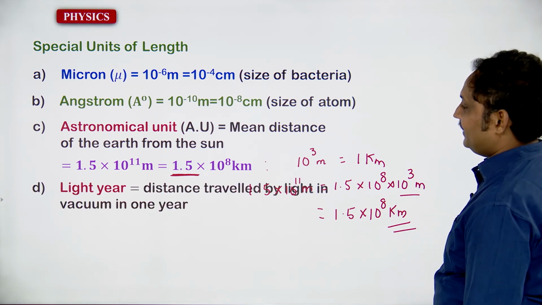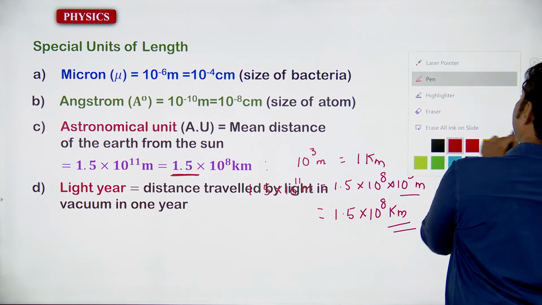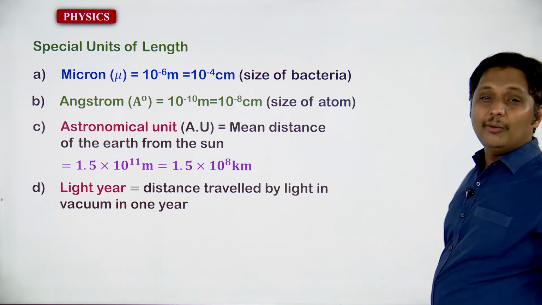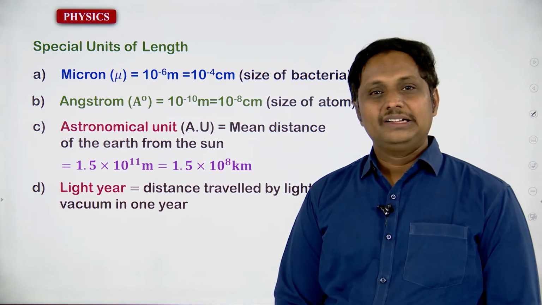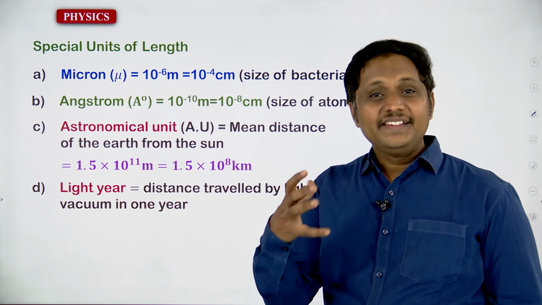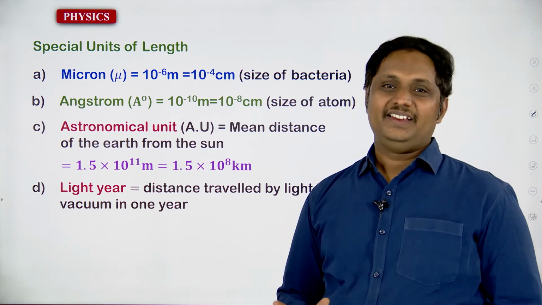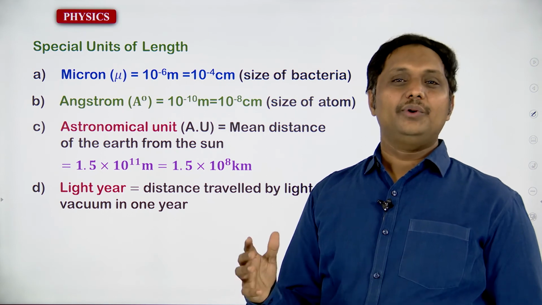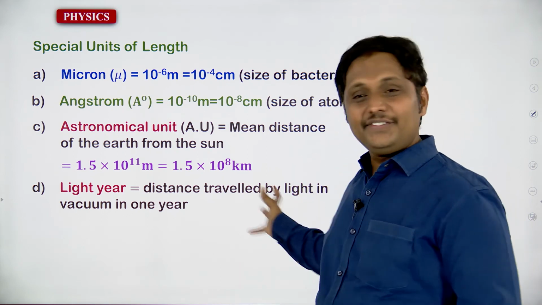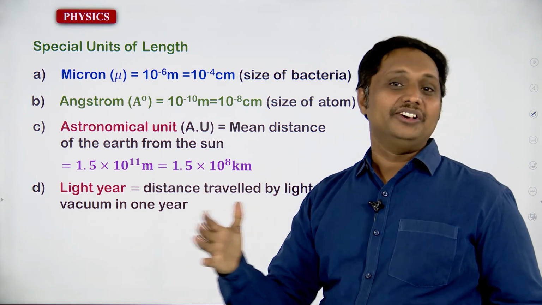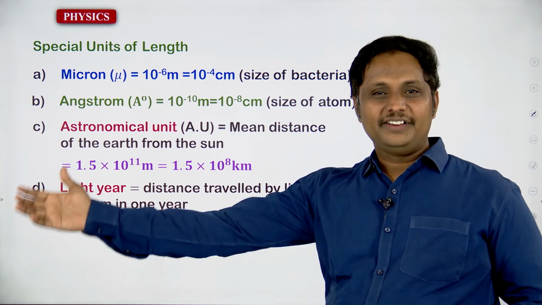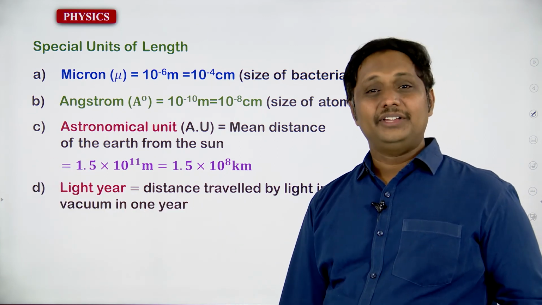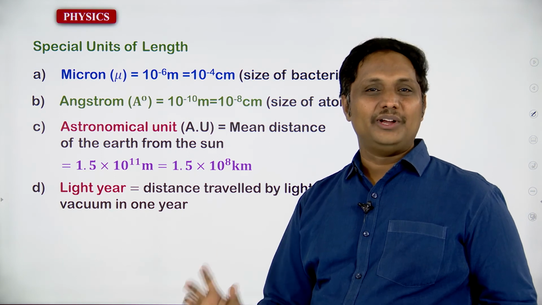Another one. While talking about the light year, the light year is a unit of distance. It represents the distance travelled by light in 1 year.